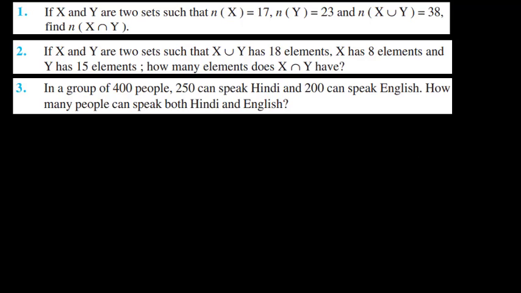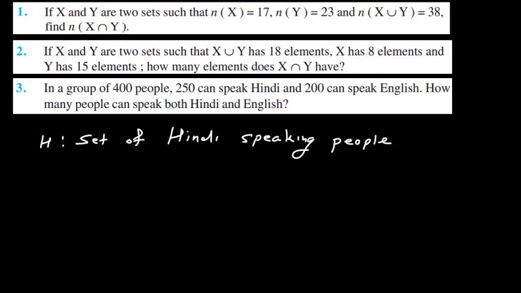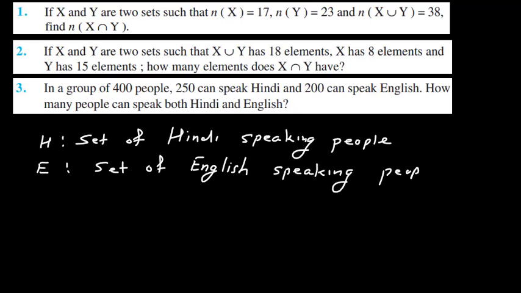So if I define H as the set of Hindi speaking people, and E as the set of English speaking persons, then the number of H intersection E, meaning they are either speaking Hindi or English, will be 400.